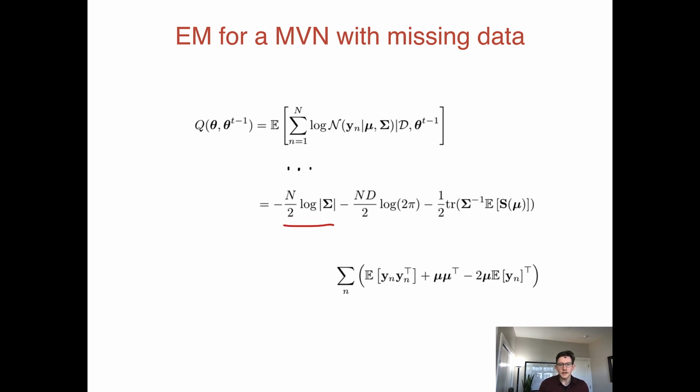We have a term that depends just on sigma, a constant term, and we have this thing, the trace. Remember, the trace of a matrix is just the sum of its diagonal entries, times sigma times this thing.